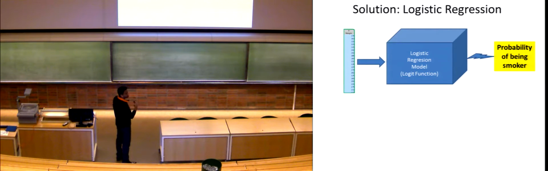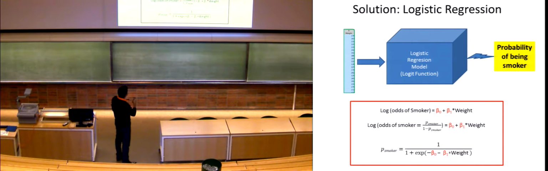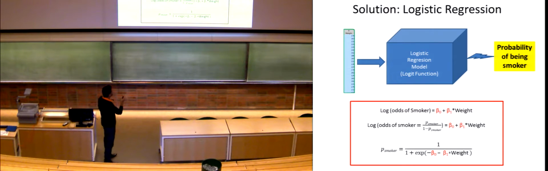So coming back to the previous slide, this is a logistic regression, and the log of odds of smoker. We have understood that the odds of smoker is nothing but the probability of smoker divided by the probability of not being a smoker, that is 1 minus the probability of being a smoker, right? I can write that on the right hand side likewise, and then just by linear algebra, moving the variables from the right hand side to the left hand side, I can get the probability of being a smoker.